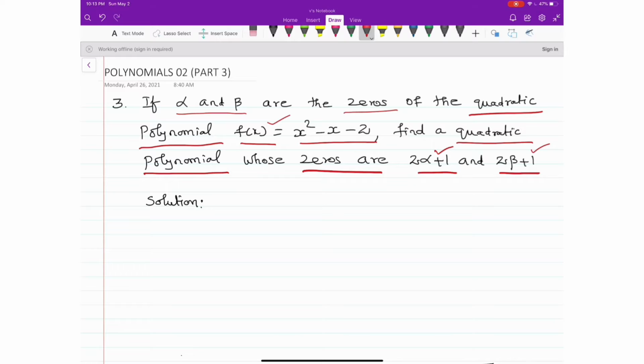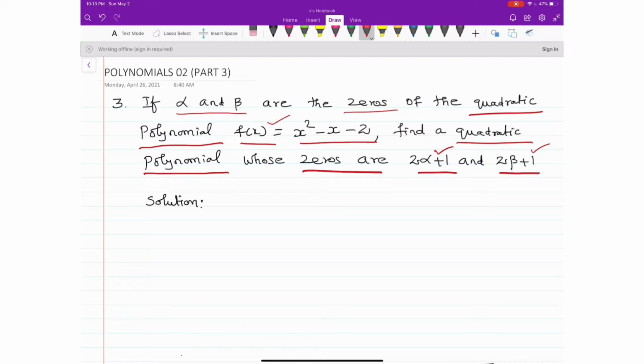And product of the zeros of the required polynomial is going to be 2 alpha plus 1 into 2 beta plus 1. Already I know the values of alpha plus beta as well as alpha beta.